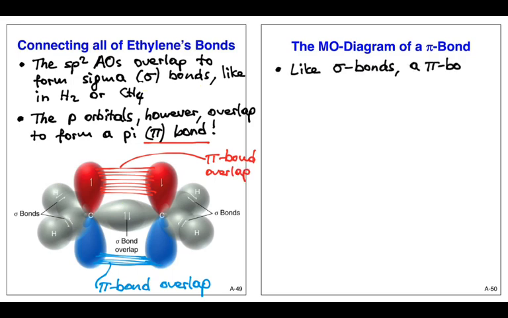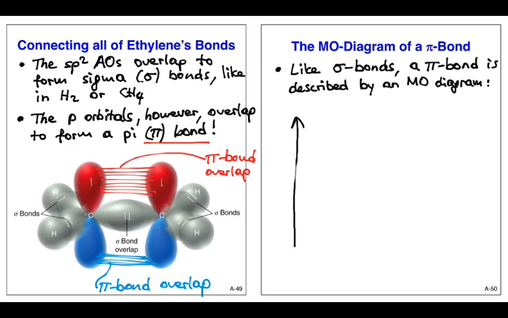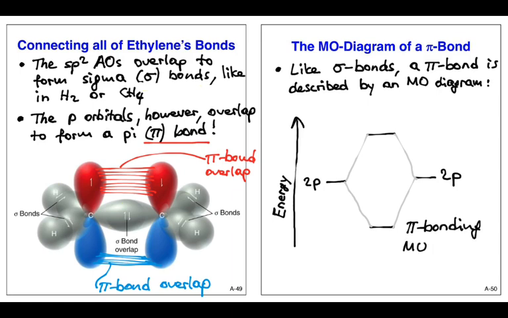We can of course draw a molecular orbital diagram for a pi bond like we did for a sigma bond in H2. We would first draw an energy scale, then draw the two p orbitals of the two carbon atoms. You get a combination which is bonding and a combination which is anti-bonding. Like in the case for H2, we denote the anti-bonding pi orbital with a star, and the bonding one we leave the star out.